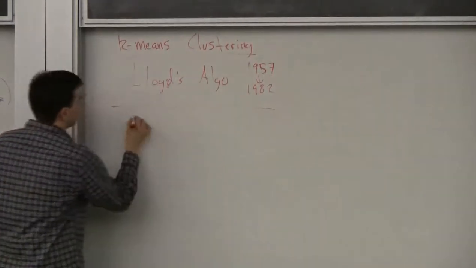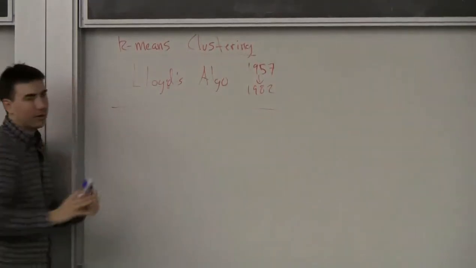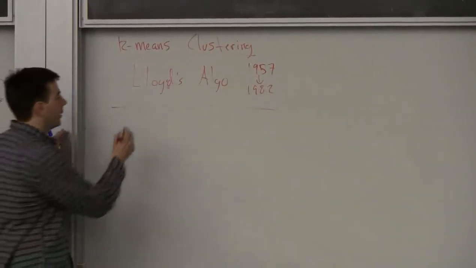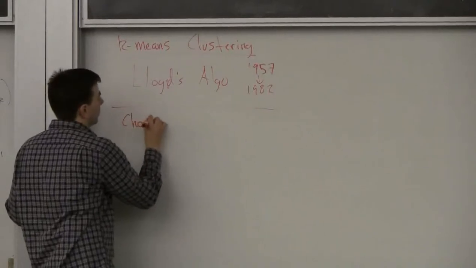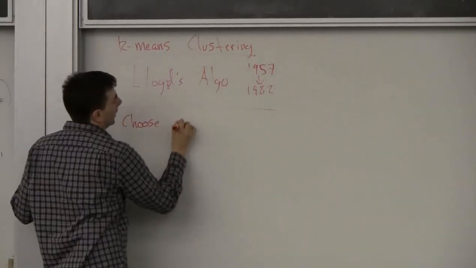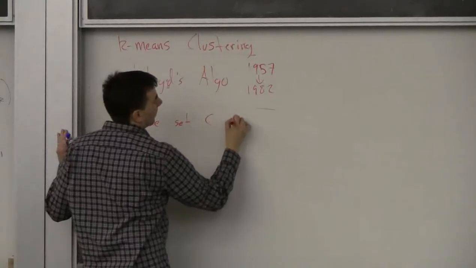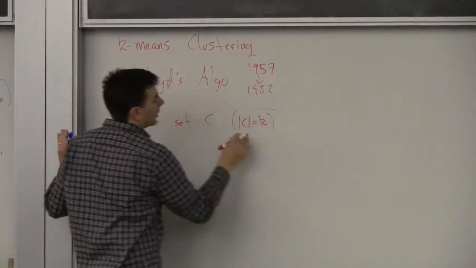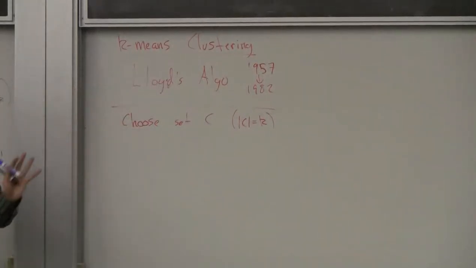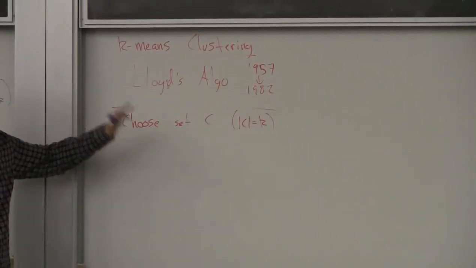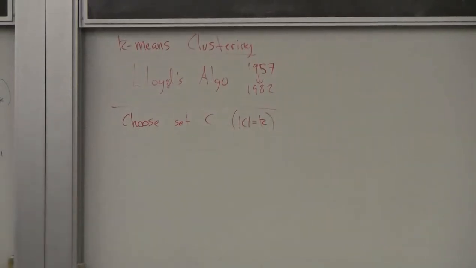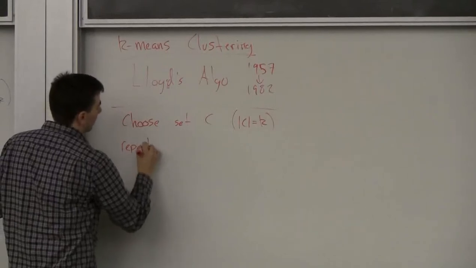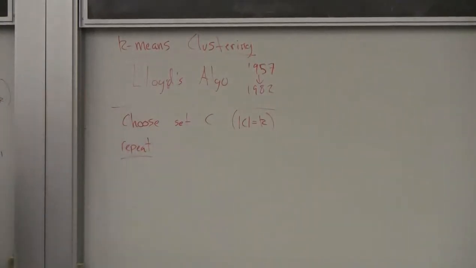Again, we're going to create a set of centers, and the size will be some parameter k. So we're going to choose a set C, where the size of C equals k. I'm not going to specify now how we do this. This could be arbitrary. Then we're going to repeat 2 steps.